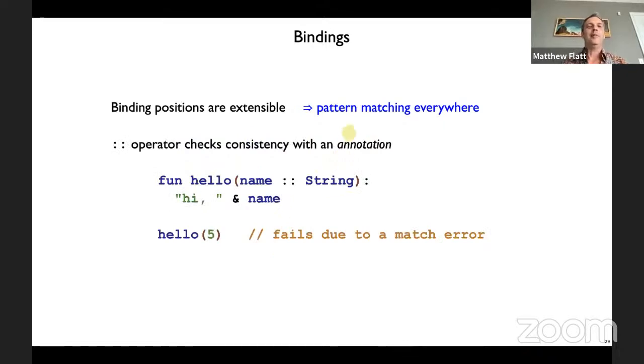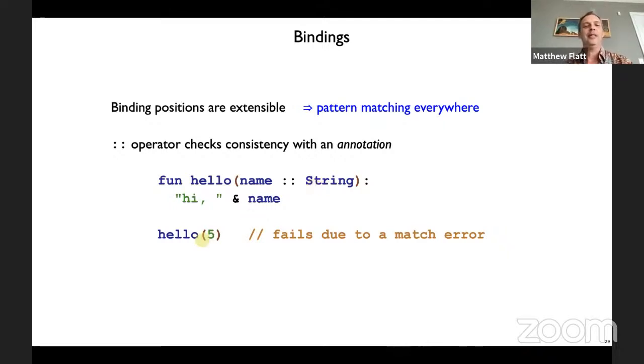Now, the fact that binding positions are pattern matching everywhere, that's not the full extent, right? There can be other kinds of operators in binding positions that do different things. The double colon operator modifies a binding name to give it an annotation, a contract-like thing, in this case, string.